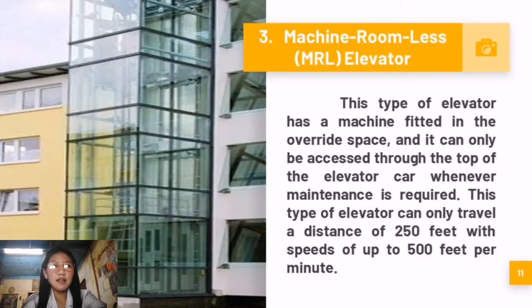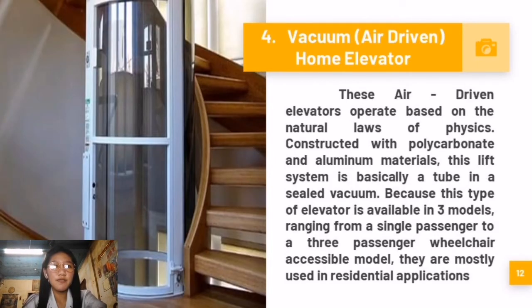And the last type of elevator is the vacuum or air-driven home elevator. These air-driven elevators operate based on the natural laws of physics. It was introduced to the elevator community in 2005. Vacuum elevators do not use any cables or pulley system to operate.